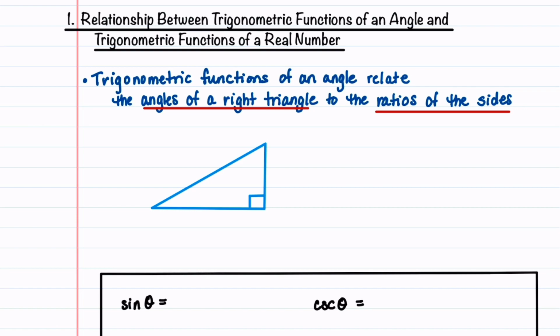In the right triangle that's pictured here, let's let theta be one of our acute angles, and we'll label the sides of our triangle as opposite, adjacent, and the hypotenuse.